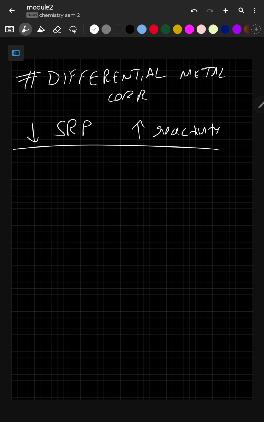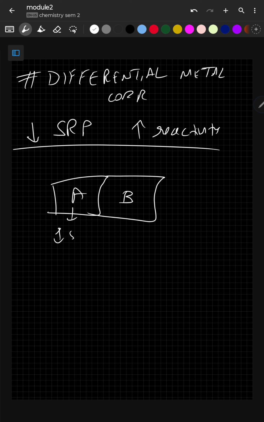So now, what is happening in differential metal corrosion is, when we take two metals, metal A and metal B, the metal which has lesser SRP will have more reactivity. And we already know from the first chapter that the metal which has lesser SRP will act as the anode.